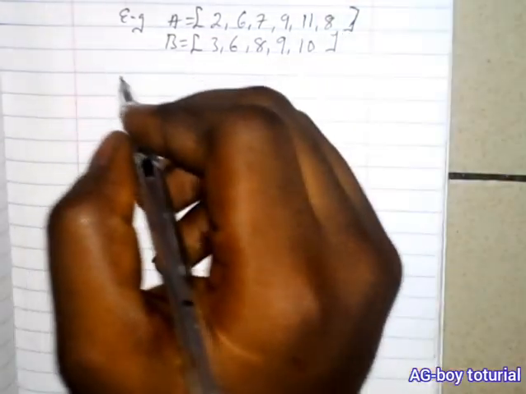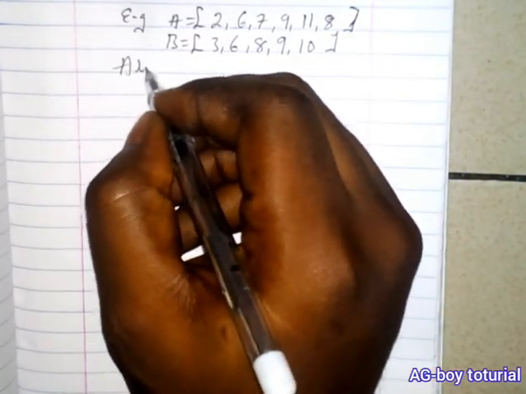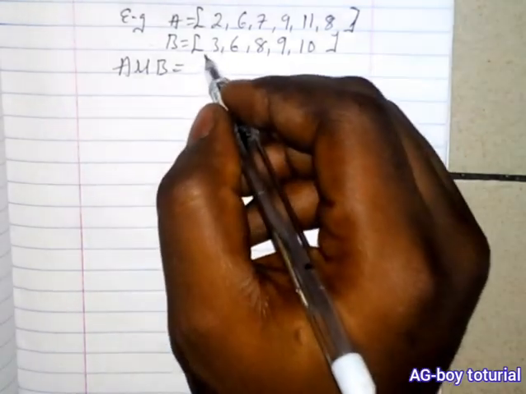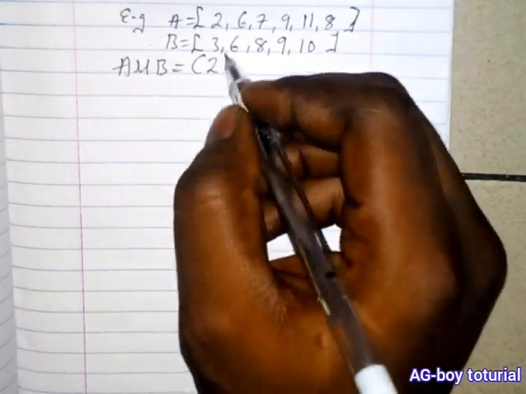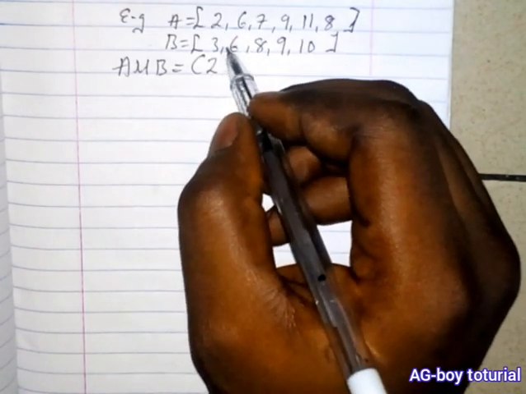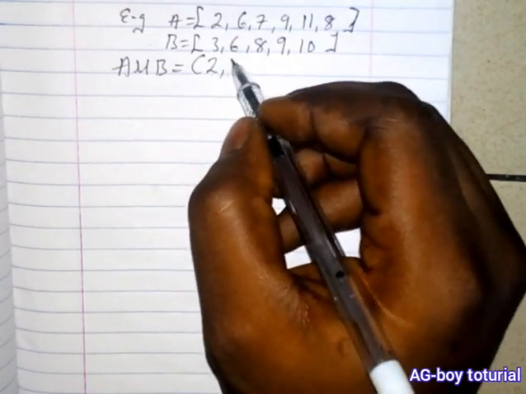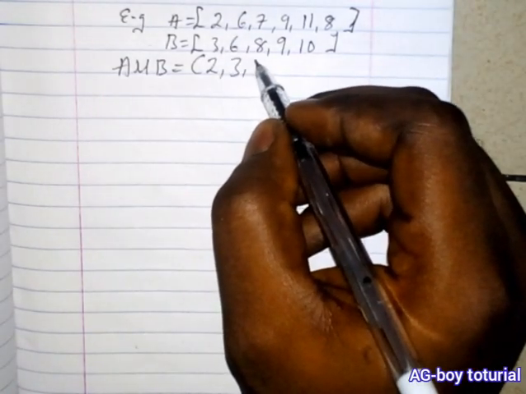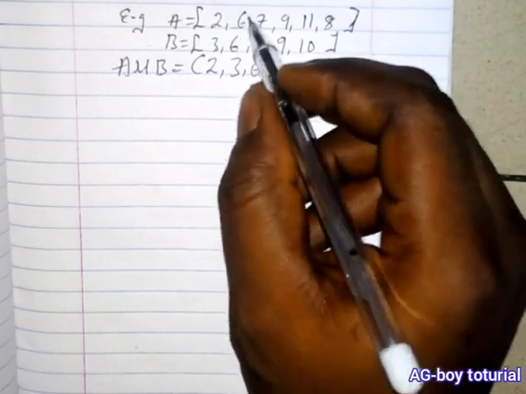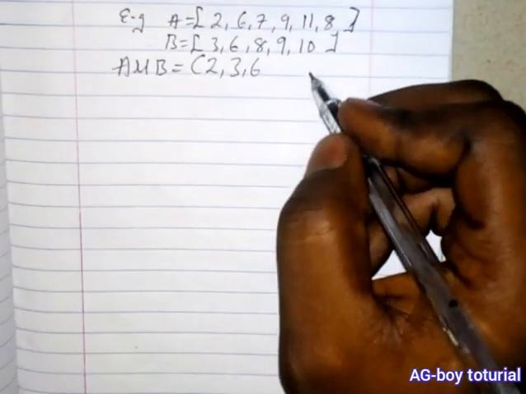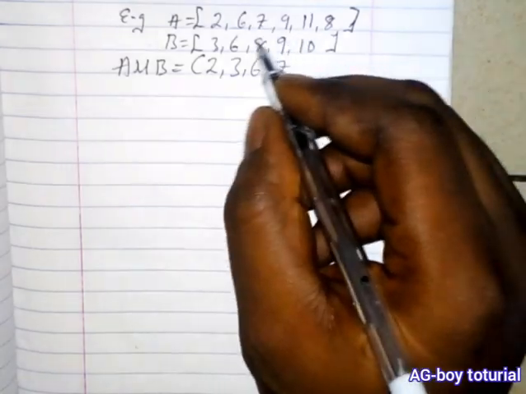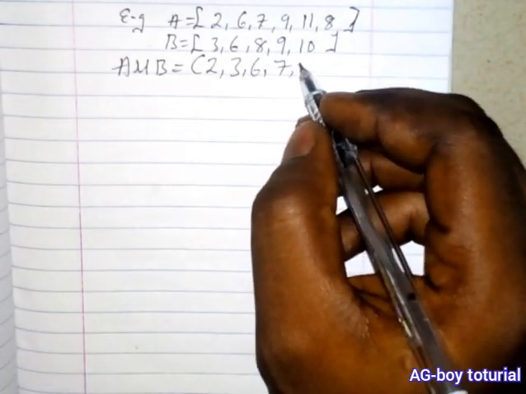Now, our A union B will be equal to 2, there's 2 here, 3, there's 3 here, 6 is twice so we have to pick 1, and then 7 is just 1.